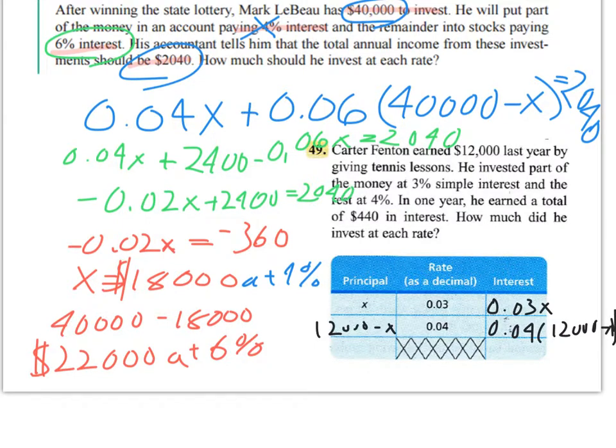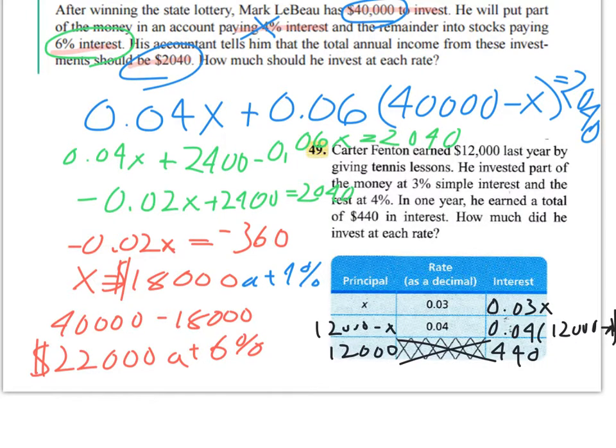Try to sneak that in there at the edge of the screen. Hopefully you can see that all right. Now the total principal is the 12,000. You can add the two terms in that column together to get that. And then the total interest was 440. Notice they don't have the rate overall for the two together, so that's perfectly fine. It doesn't really make sense to have that in the table.